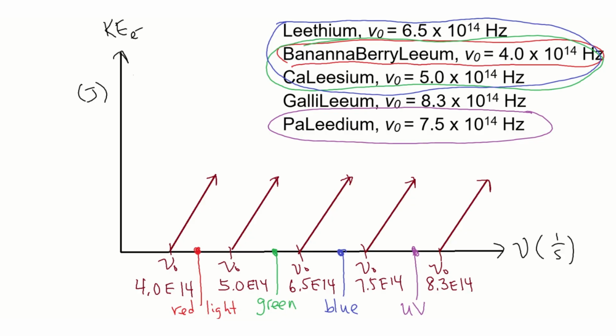So the equation for the line for the graph of palladium using the slope-intercept form, y equals mx plus b. Right. So the kinetic energy is on the y-axis. The slope is Planck's constant. X is frequency. And the y-intercept is the work function, which is Planck's constant times the frequency of the metal, the threshold frequency.